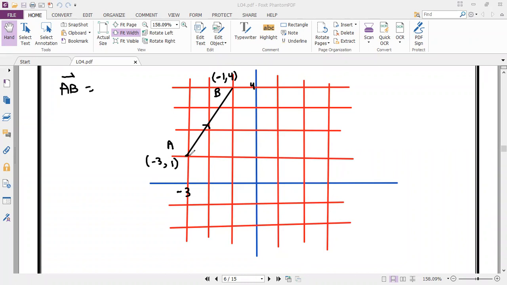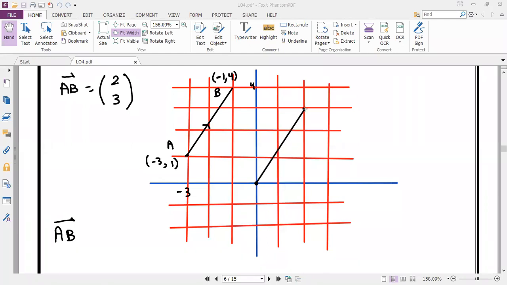We have 2 units in the positive sense across the x-axis, and we rise 3 units up. So the vector AB is (2, 3). We can find the position vector of AB by moving from the origin 2 units to the right and 3 units up. This is the position vector, which is equivalent to AB.